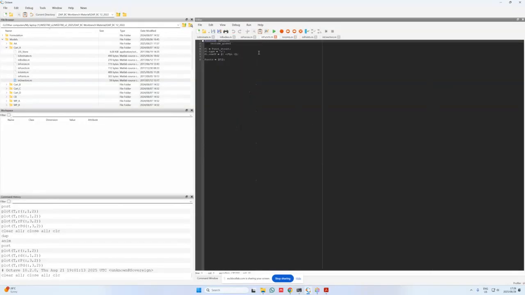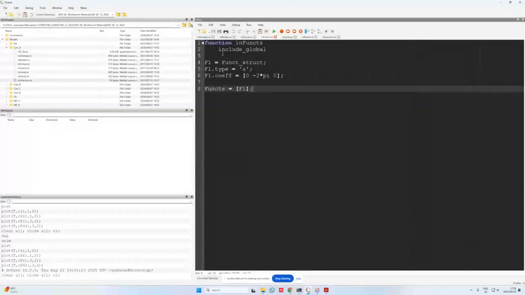And for this, I then head over to infunct, and this is now where I define that DAP type A function. So I have F1, which is a function structure. F1.type is type A, so I need to give it as a minimum the 3 coefficients as input, C1, C2, and C3. And I know from the calculations that I did in the mind map that that is 0, minus 2 pi, and 0.